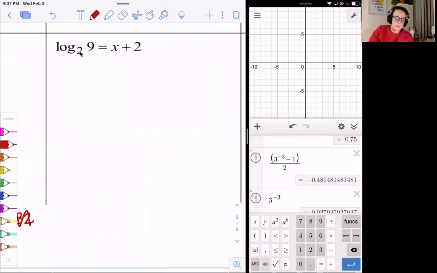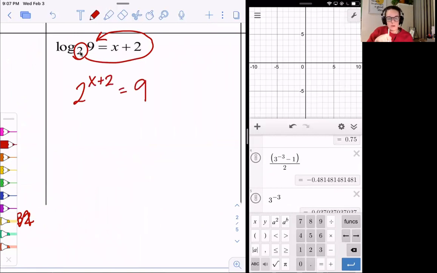We have log base 2 to the power of that whole thing equals 9. So log base 2 of x plus 2 equals 9. Now, I know that there are actually two separate ways to do this. Let me show you again.